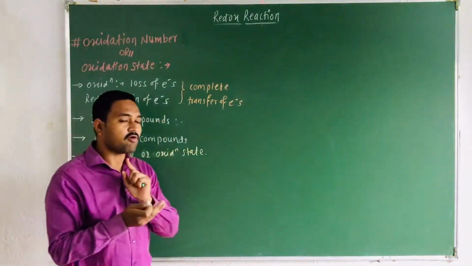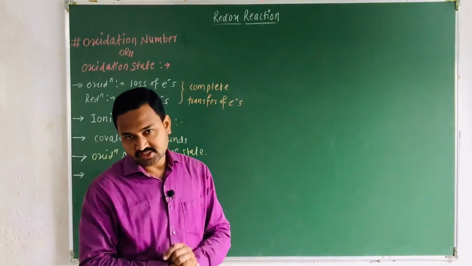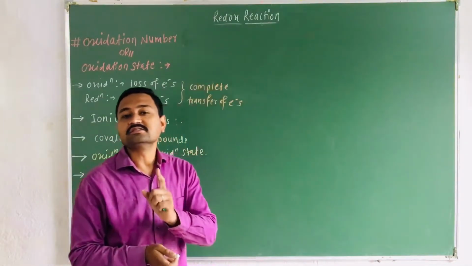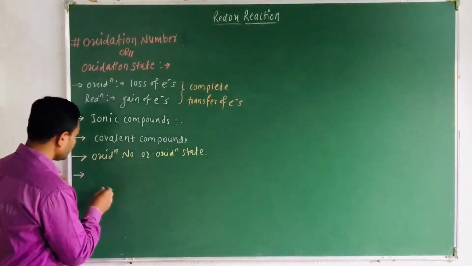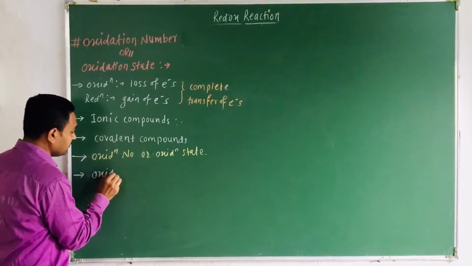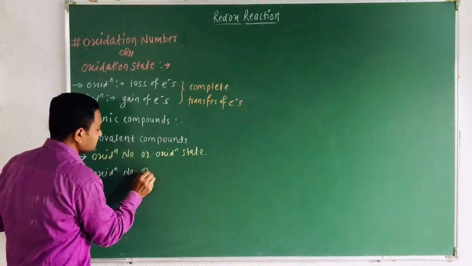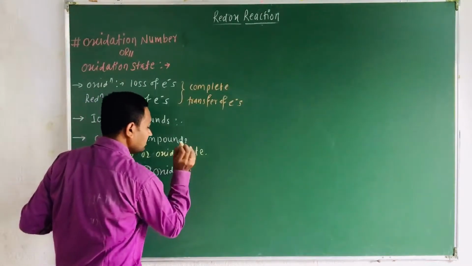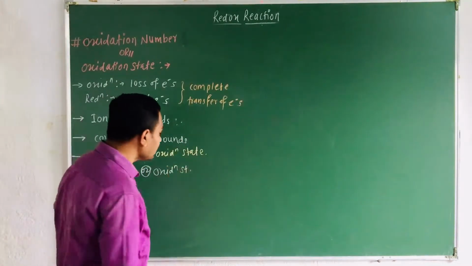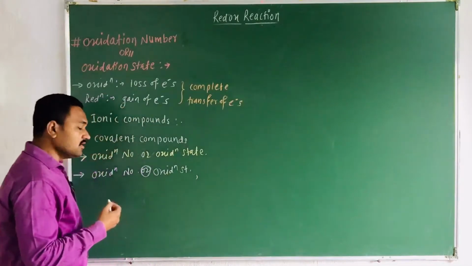Your oxidation number or oxidation state generally describes all types of redox reactions. Which are the types?